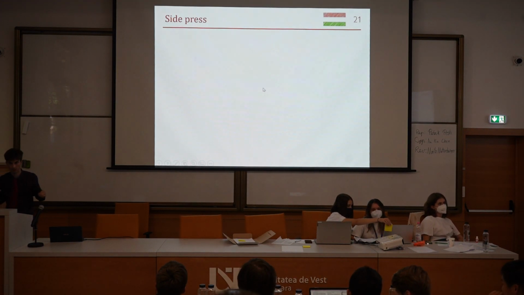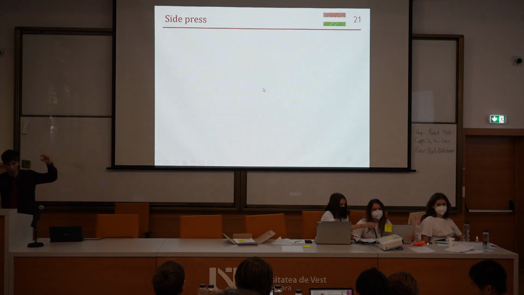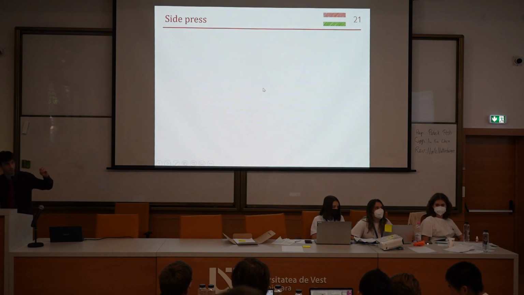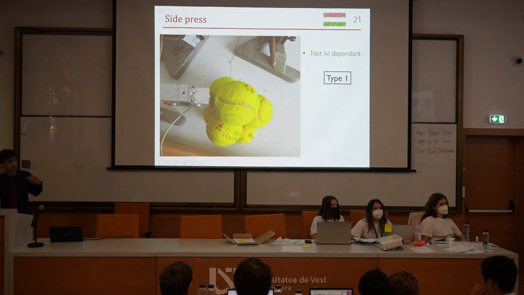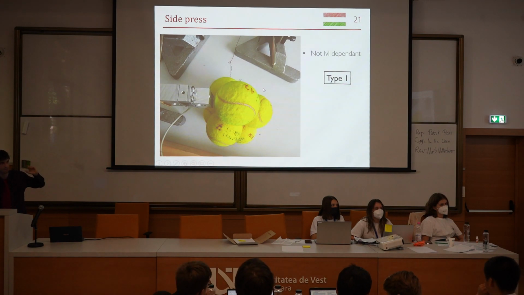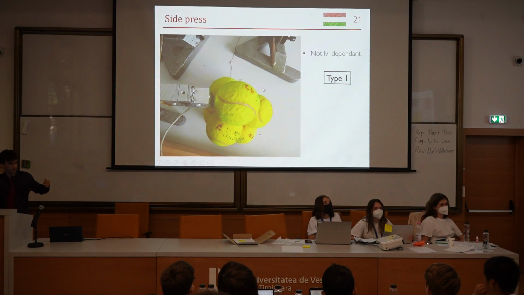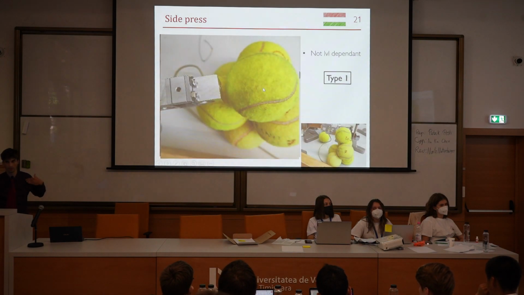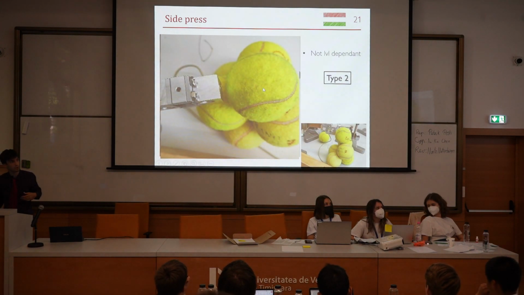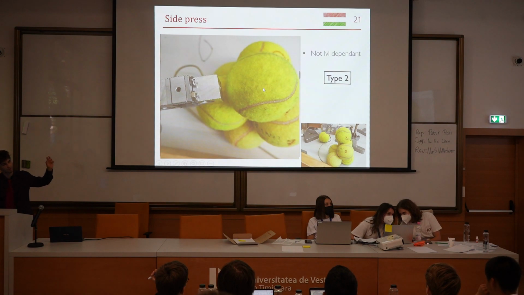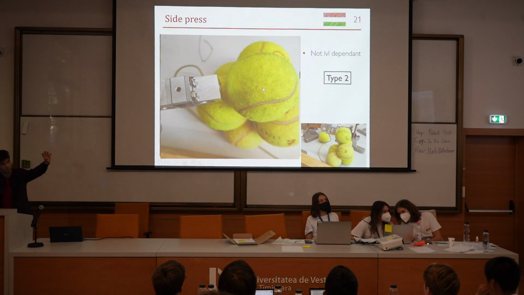Now, let's look at what happens if we are not pressing the top wall, but we are applying force from the side. Firstly, we have examined two types of measurements. There is type 1, which is not level dependent, and type 2, which is also not level dependent, because what we see is that the ball below the top wall just falls out.